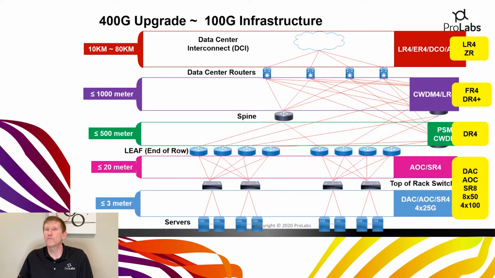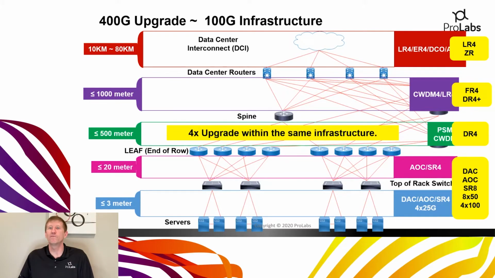So if you're looking to go from the core down, or if you're looking to start at the end of row type switches of 400 gig, wherever your deployment model may be, there's going to be a corresponding transceiver there. Why that becomes very powerful is that it gives you the opportunity to upgrade your data rates by 4 times over existing infrastructure. So to me, that's a very powerful way out of the gate for 400 gig.